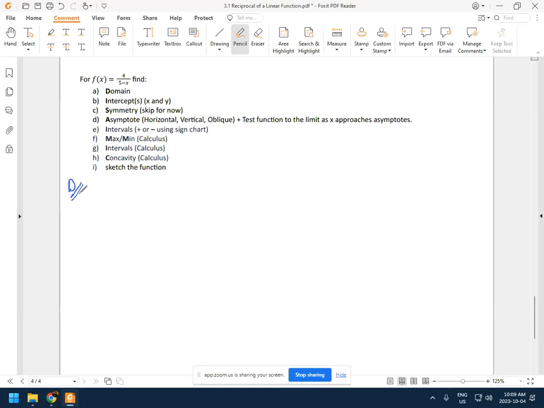Domain. X belongs to any real number, but you can't have 5 minus x equal to 0. That means negative x cannot equal negative 5. So x cannot equal 5. A better way of dealing with this, if you want, is changing it so that it's more familiar to you.